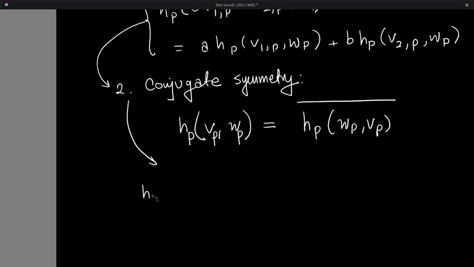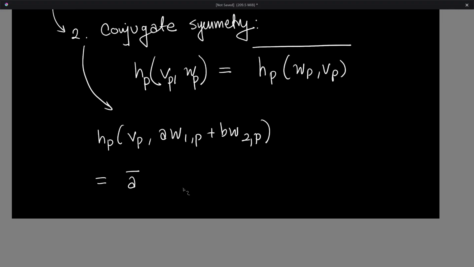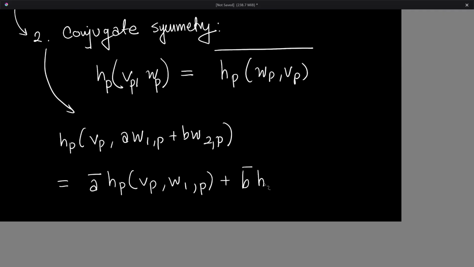So HP of VP, A W1P plus B W2P is equal to A bar, so the complex conjugate, HP VP W1P plus B bar HP VP W2P.